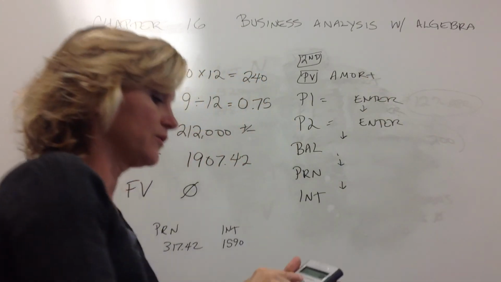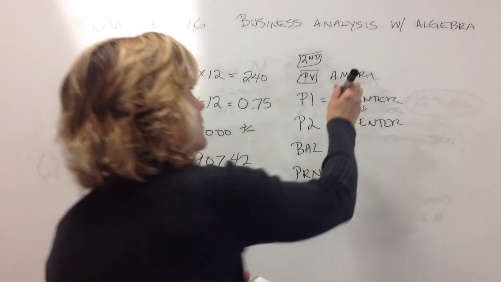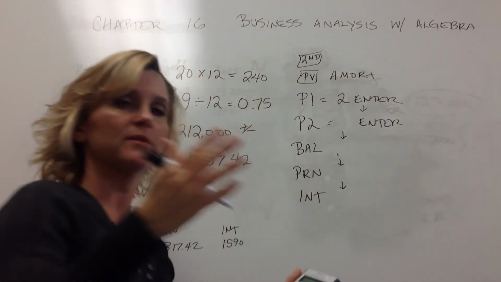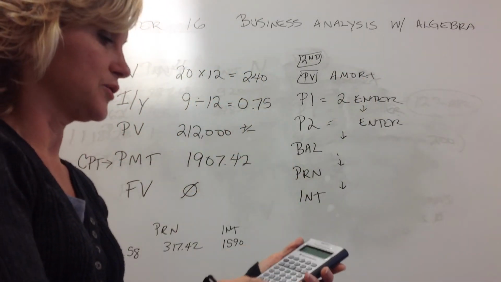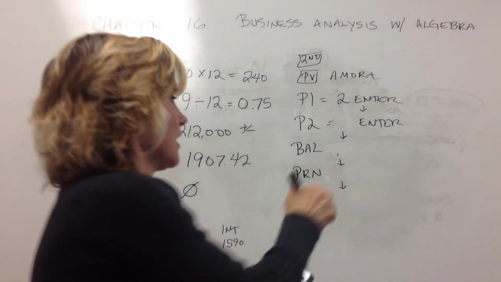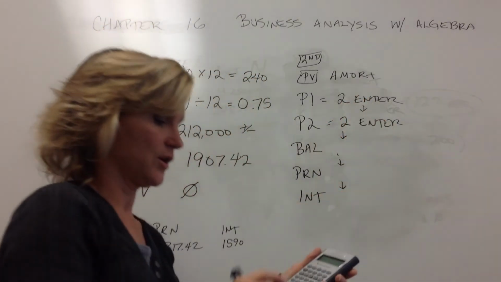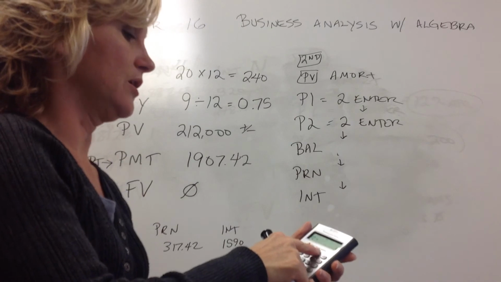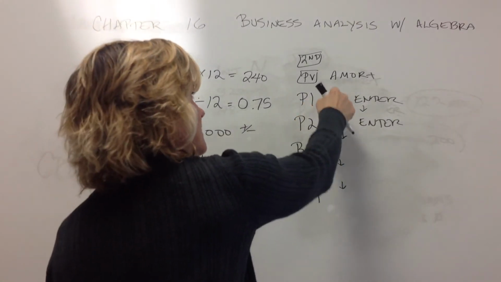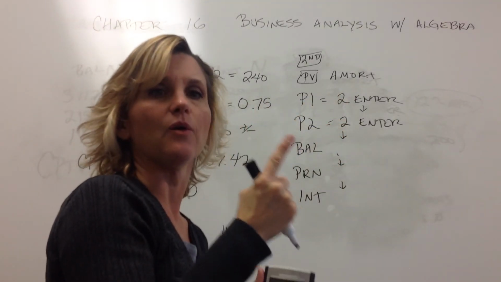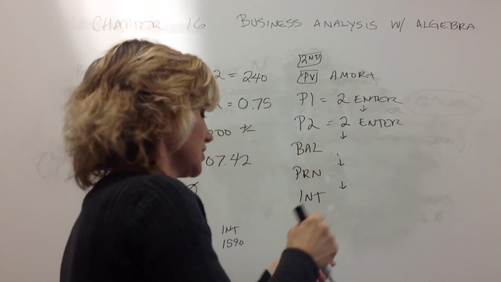So let me arrow down, get to my P1 field. I want my first payment that I'm looking at to be 2, so I push a 2 and push enter. And then I want my second payment to be payment 2, and I push enter. So again, by making those two the same number, we're just isolating payment number 2.